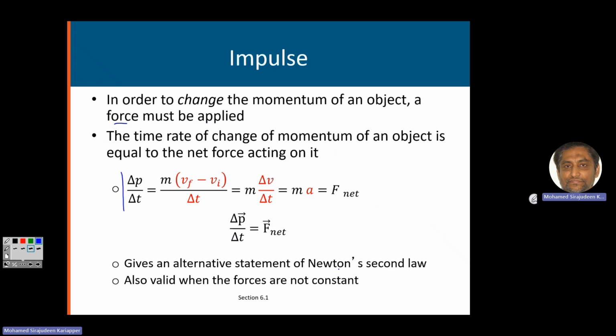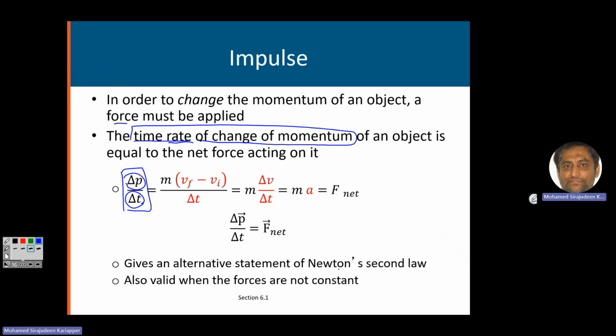So let me take this change in the momentum, the time rate of change of momentum. Because change in the momentum divided by the time is the rate at which the momentum is changing with time. So change divided by the time it takes, it will be the time rate of change of momentum.